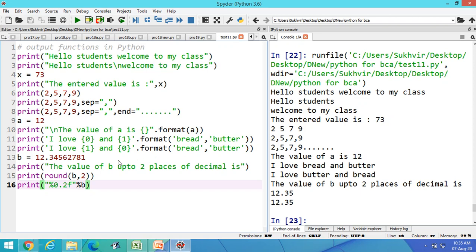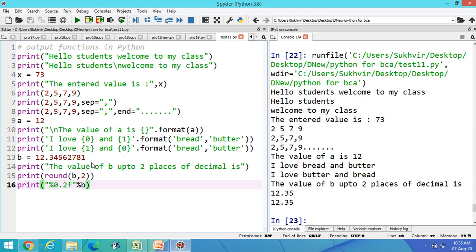If I write 1, 0, it means I can print butter first and bread second, because the 0th location means bread and location 1 means butter. Look at the output. "I love bread and butter" in the first line because 0 and 1 are there. 0 stands for bread and 1 means butter. Here with 1 first, butter then bread, it means I love butter and bread.